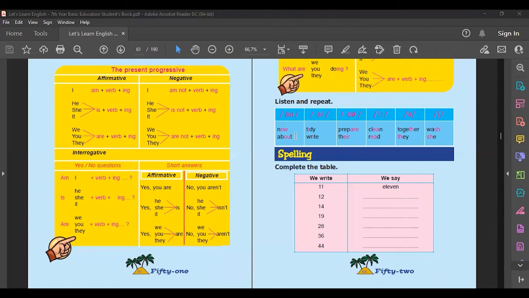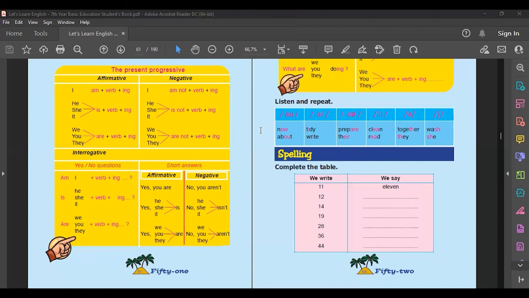So listen and repeat. Yeah, you repeat after me. We have now: about, tidy, right, prepare, there, clean, read, together, they, wash, she.